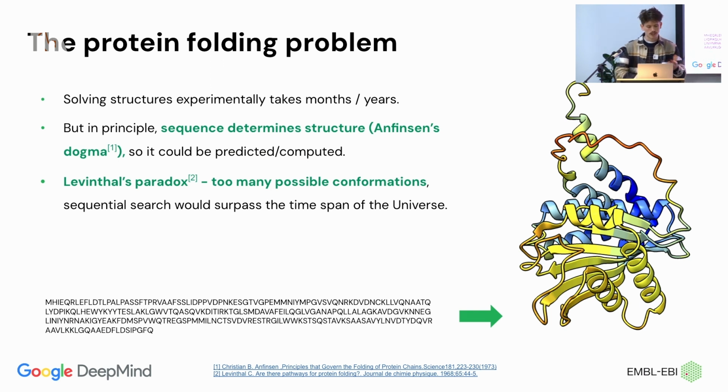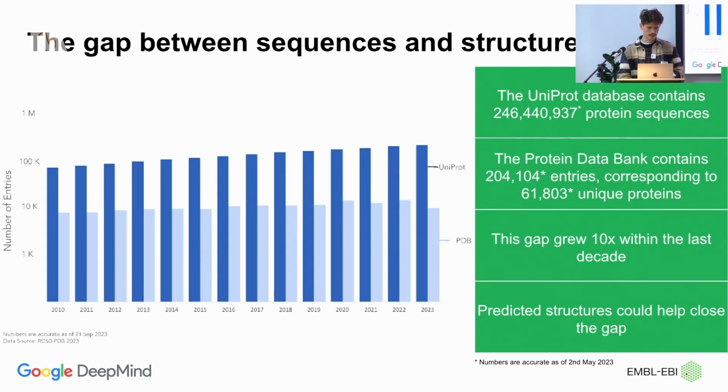And I also quite like Levinthal's paradox: if you were to go through every possible conformation you can get from a single amino acid sequence, it would take an eternity. So it's a paradox in itself, because it takes less than a moment to fold a structure. That posed an interesting challenge for the community for the last 50 years.